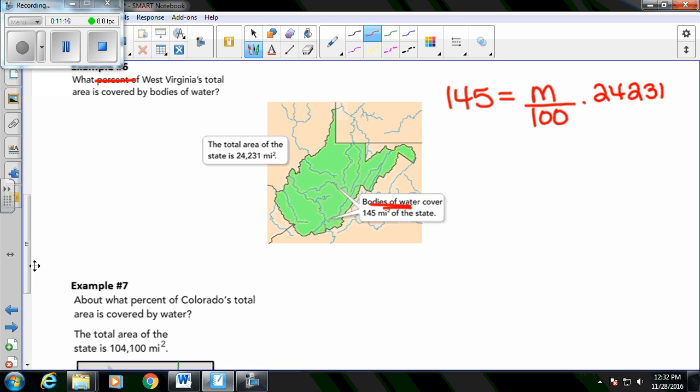Here, what I would do is multiply by the reciprocal. So I'm going to multiply by 100 over 24,231.